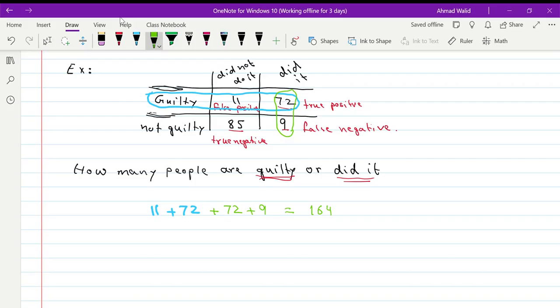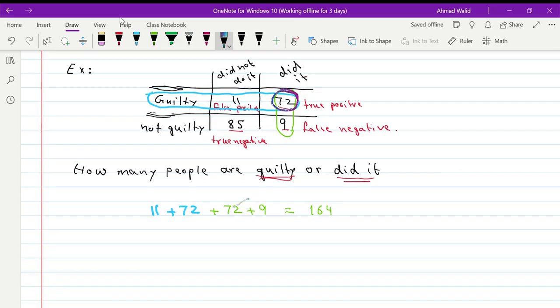Correct? But if you focus here, there is a mistake. This number is larger than what we have in reality. Why is it larger? I will show it here for you with a different color. You see this 72 here? I counted 72 double. I did a double count. Correct?